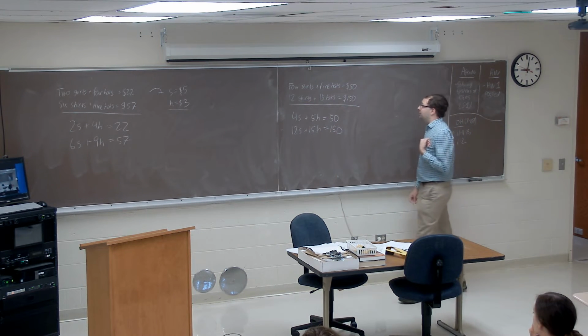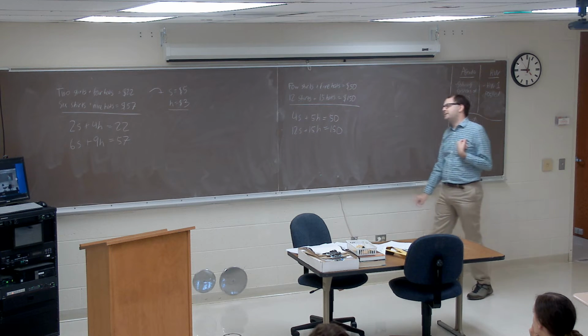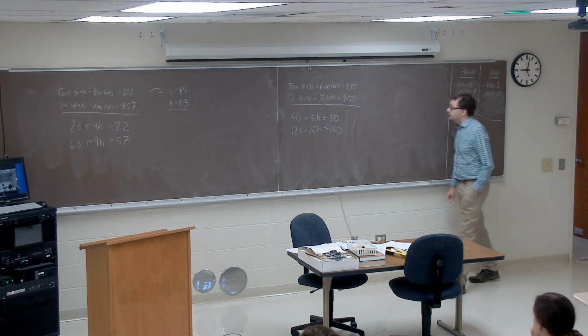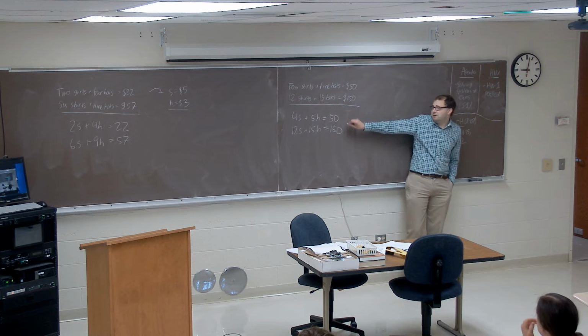Whereas with this system, where 4 shirts and 5 hats cost $50, and 12 shirts and 15 hats cost $150, you all got a different type of answer. So what was different about this system of equations than that system over there?